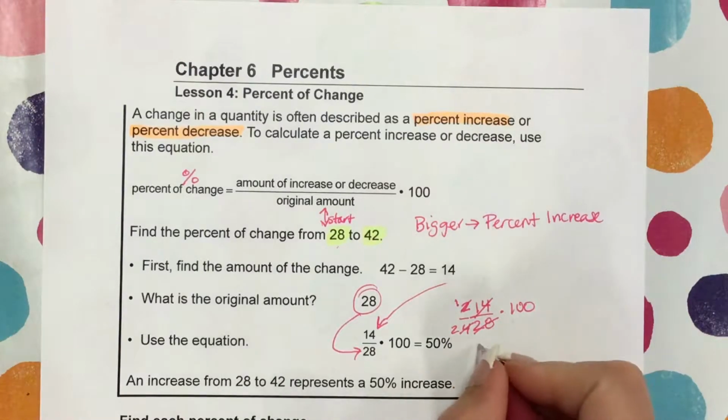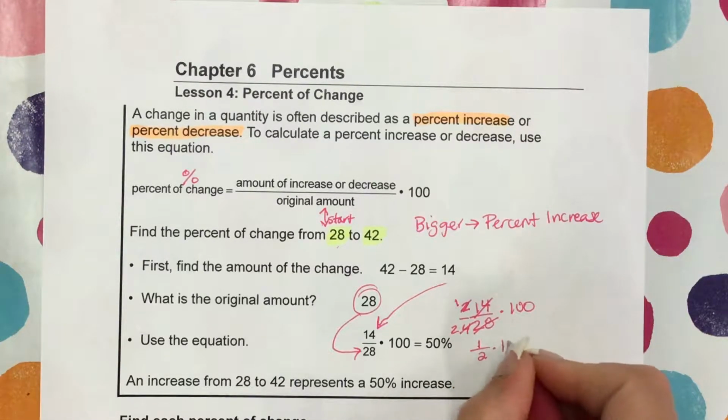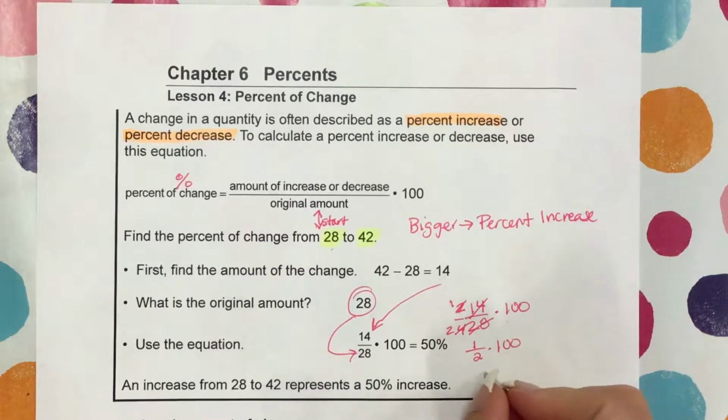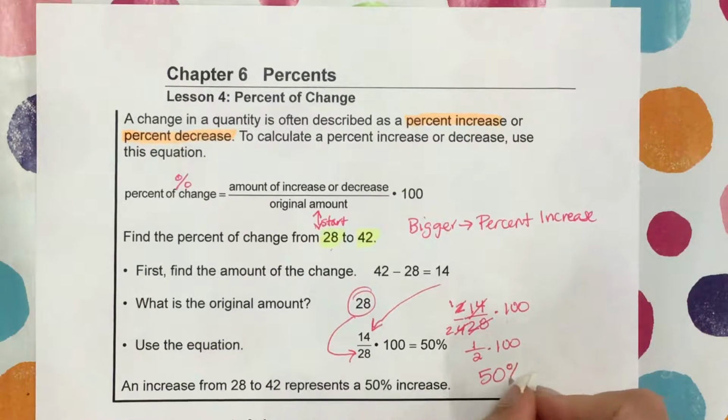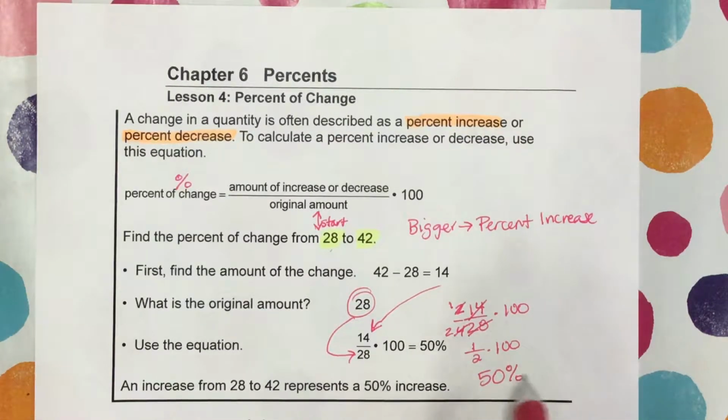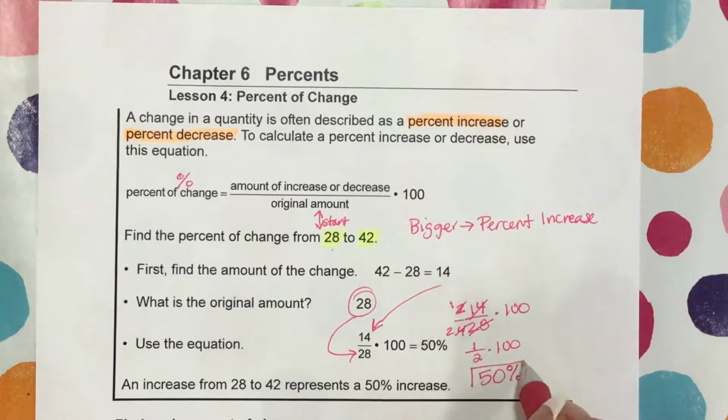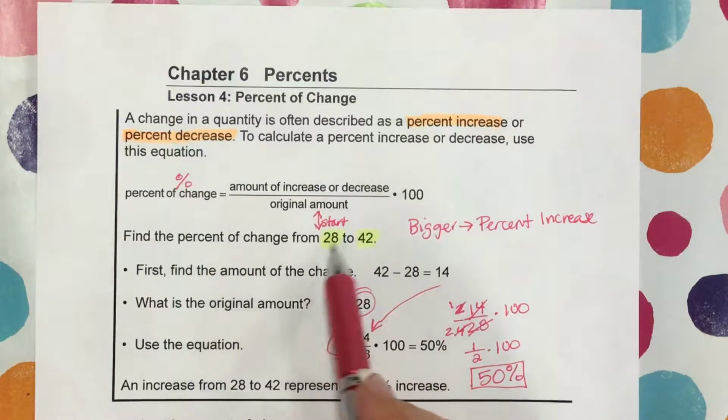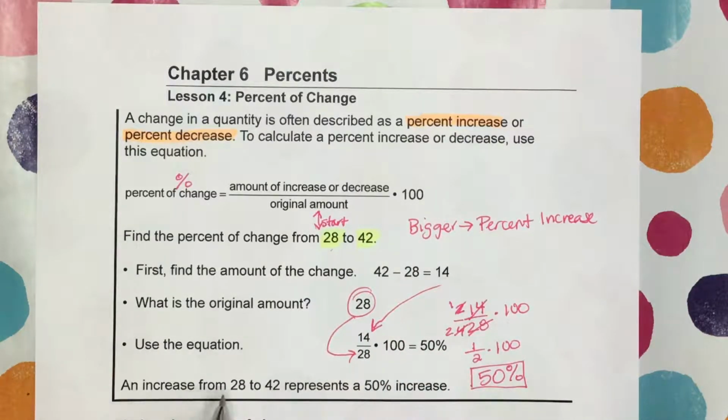So really what we're doing is we're taking 1/2 times 100, and 1/2 of 100 is 50%. Okay, remember whatever our answer is, we can just put a percentage on the end of it. And that is our percent increase from 28 to 42. So an increase from 28 to 42 represents a 50% increase.